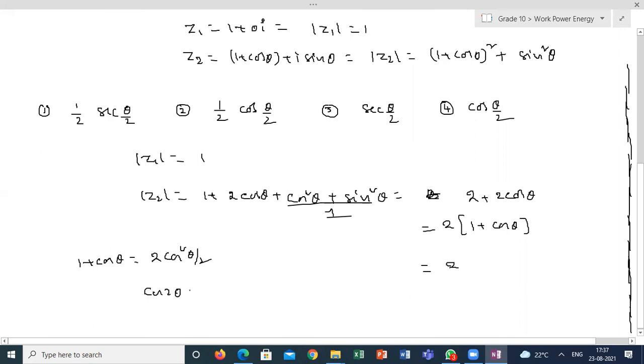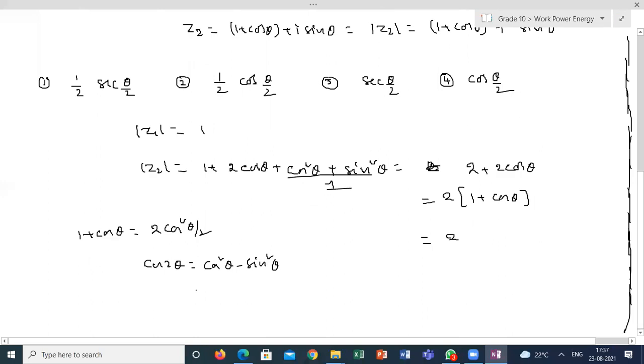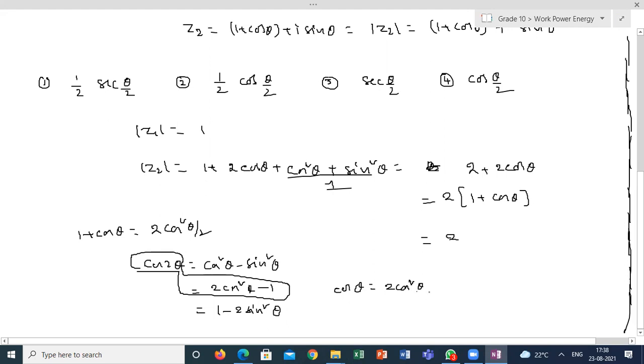Because cos 2 theta is equal to cos square theta minus sin square theta, or we can write it as 2 cos square theta minus 1, or 1 minus 2 sin square theta. Taking this relation with half angles, cos theta is equal to 2 cos square theta by 2 minus 1. From here, 1 plus cos theta can be written as 2 cos square theta by 2.